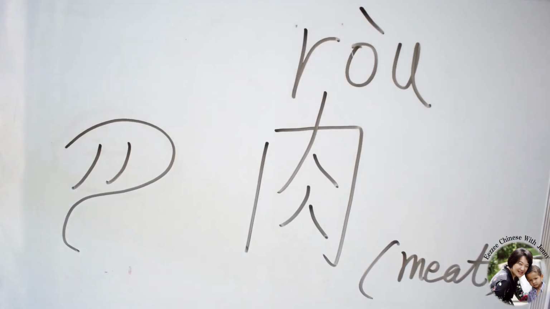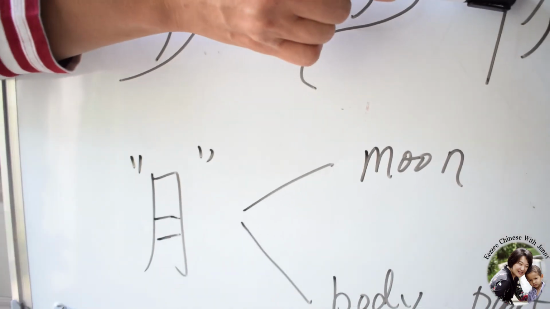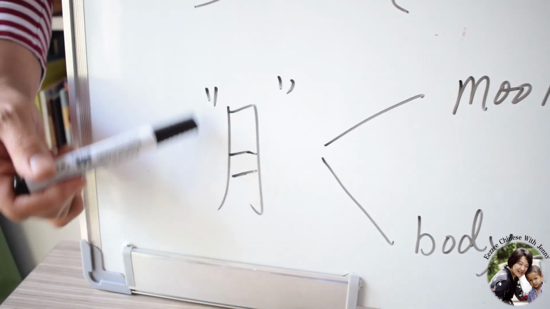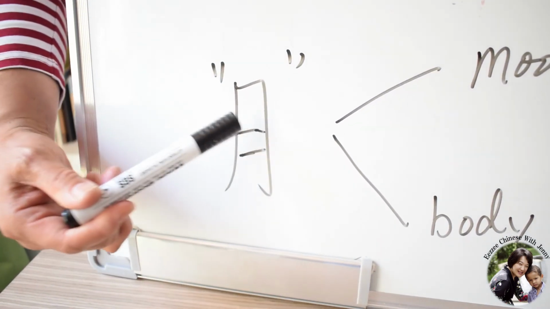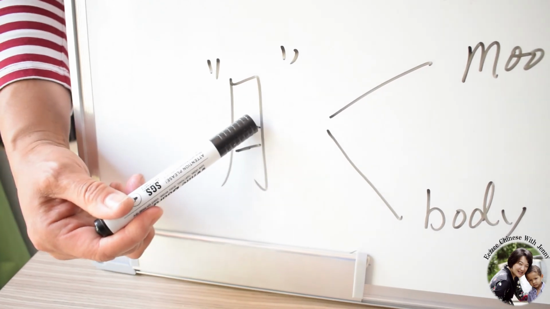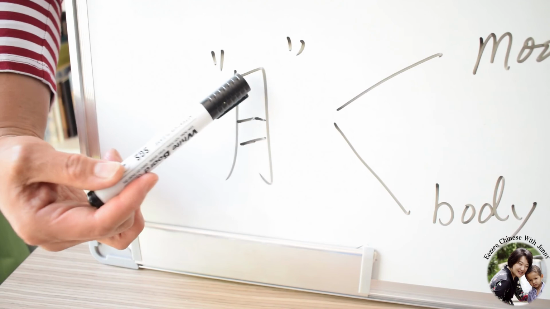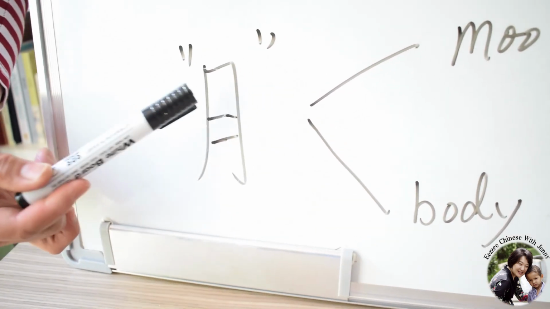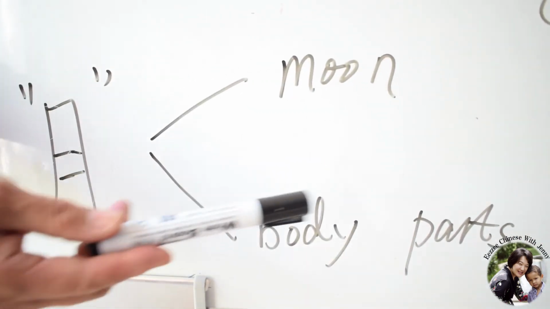Remember, last time we learned the character moon. So when meat becomes a radical, a part of a word, it is simplified to exactly the same as the moon. So if you see characters with this part, sometimes it's related to the moon, sometimes to your body parts.